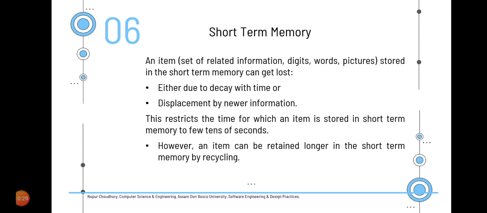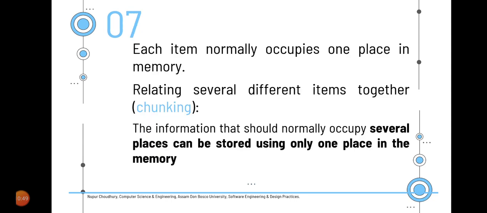So even though things should be there for some seconds or some minutes, it might last in your short-term memory for around 1 or 2 hours, because you are constantly repeating it and your memory is refreshed and recycled until your particular requirement is completed.